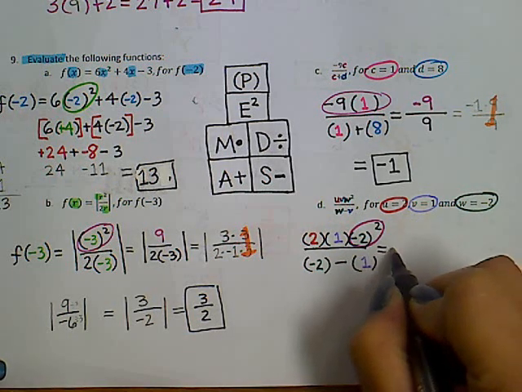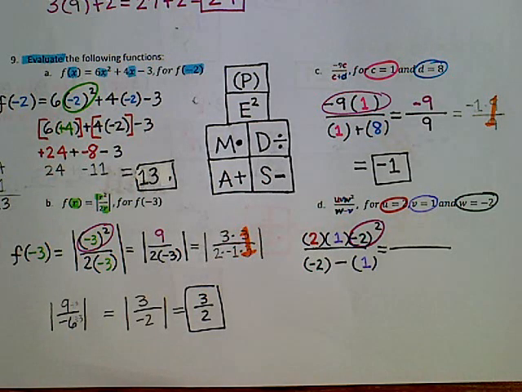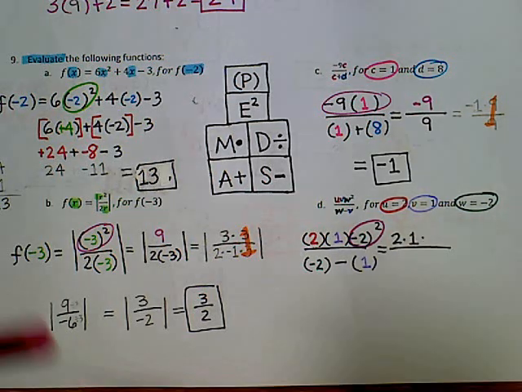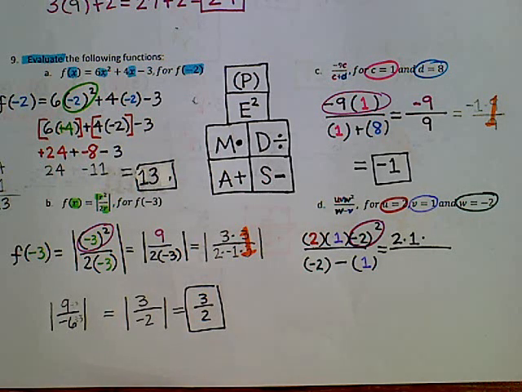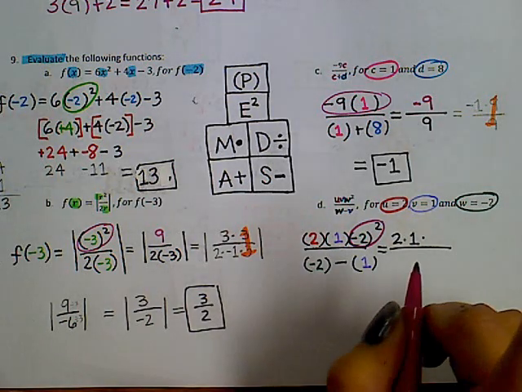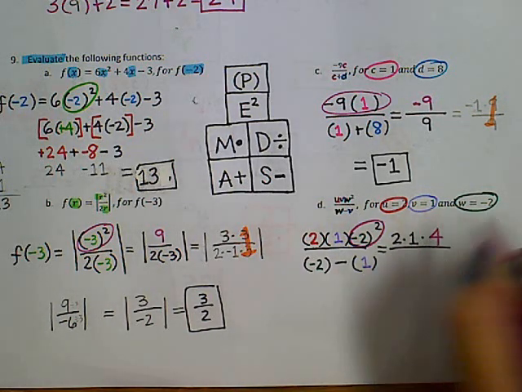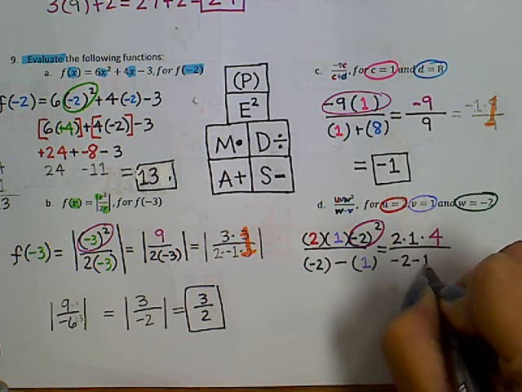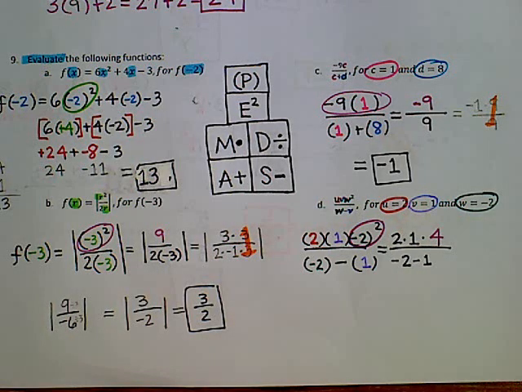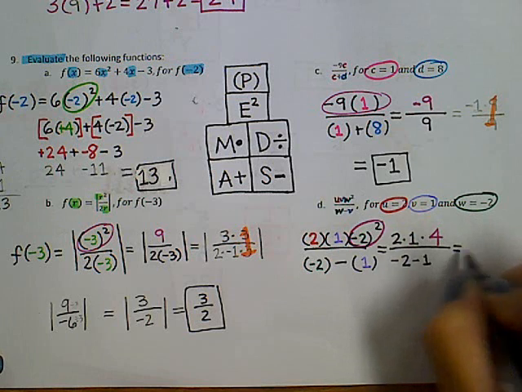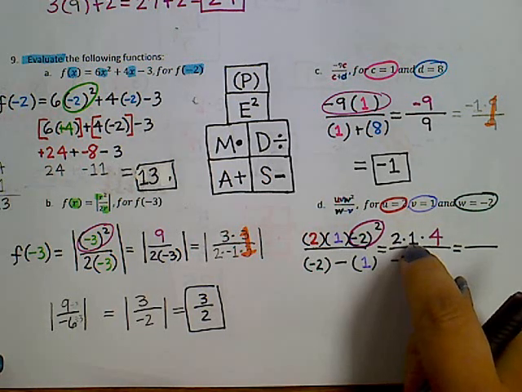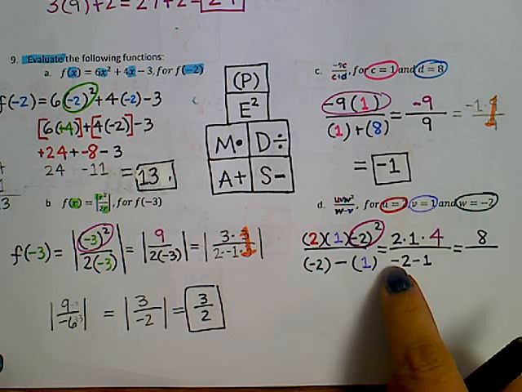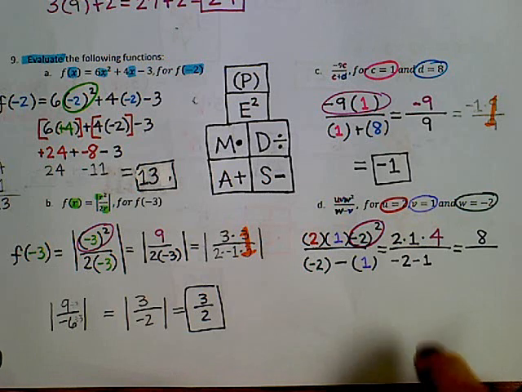So, rewrite. Here I have 2 times 1 times negative 2 times negative 2, positive 4, and let's say negative 2 minus 1. All right. So let's go ahead and multiply out our numerator. So that's 2 times 4 will give me 8. And then negative 2 minus 1.